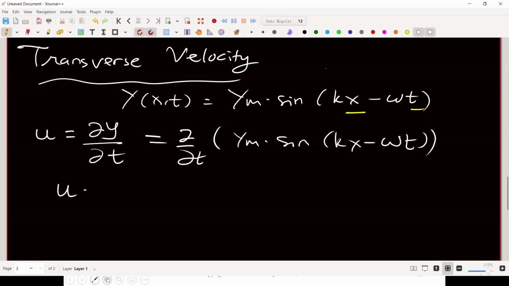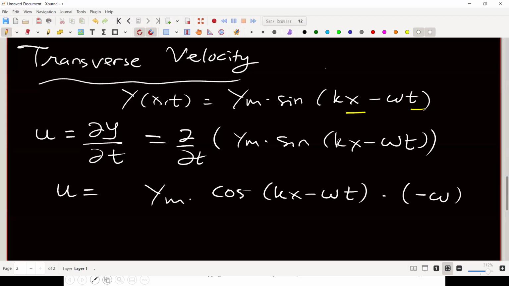So we get u. This one is ym, and the derivative of sin becomes cos: cos(kx minus omega t), times minus omega. We can move this one to the beginning: u equals minus omega ym cos(kx minus omega t).